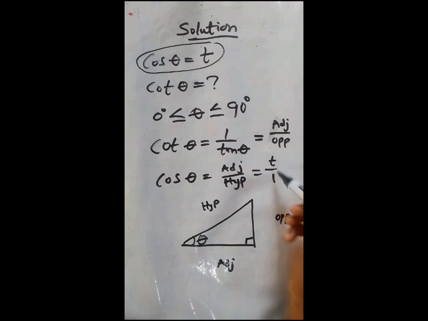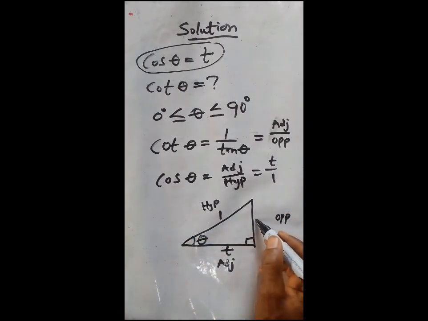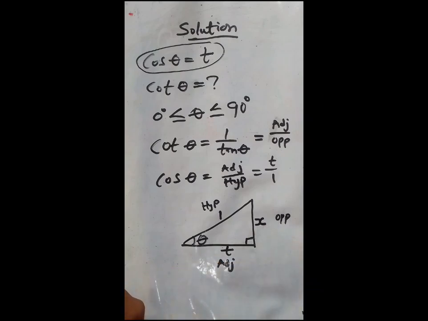Anything standing alone is standing over 1, so take note of that. Our adjacent side is t and our hypotenuse is 1. We are going to look for the opposite side, so let's represent that with x.